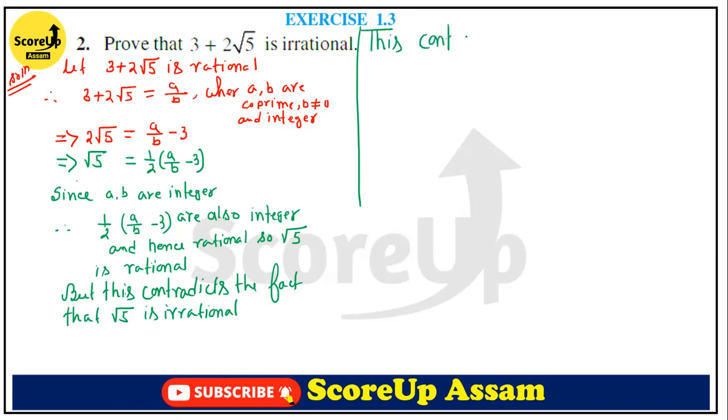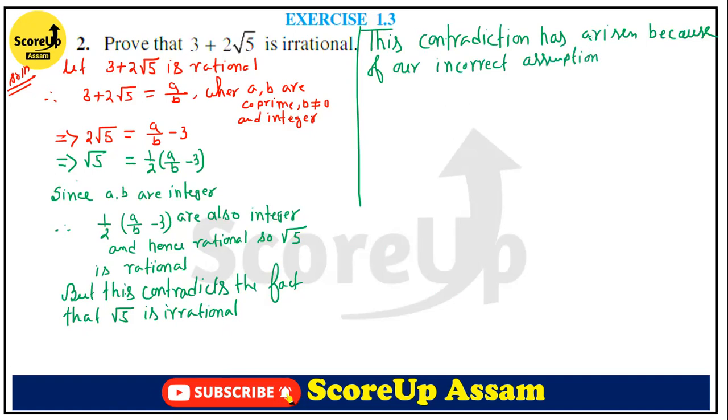Why has this contradiction arisen? This contradiction has arisen because of our incorrect assumption that 3 plus 2 root over 5 is rational.